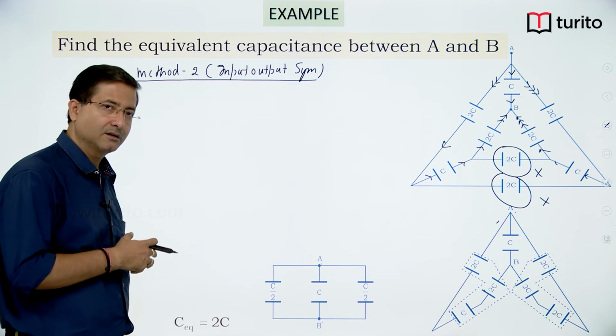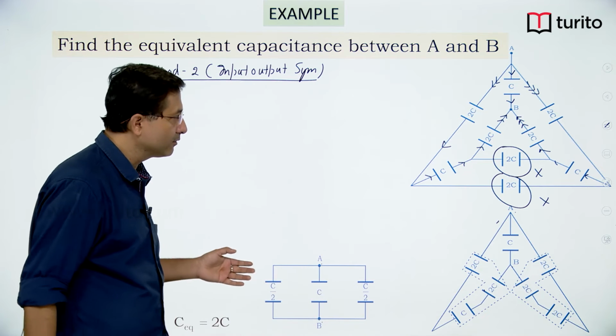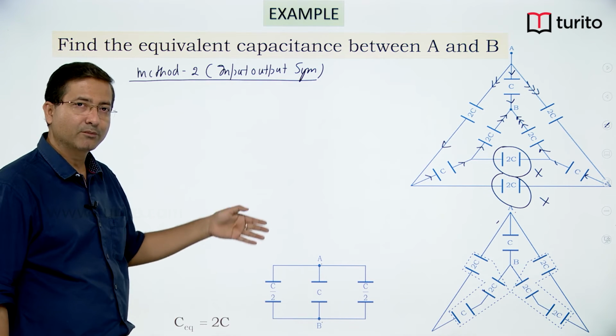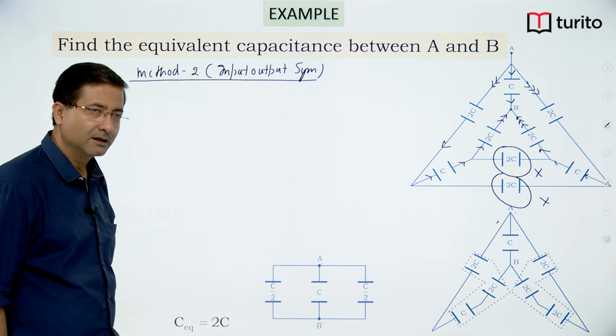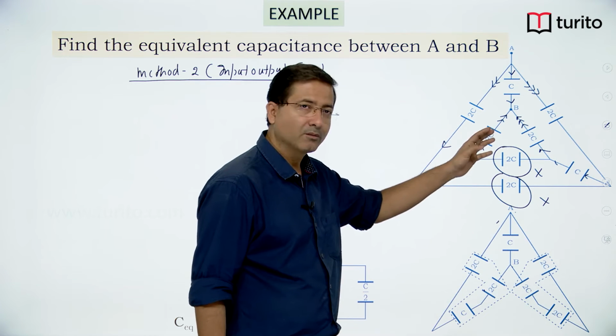So, we have discussed almost 3 problems, right, where I proved that no matter whatever procedure you follow, you are going to get the same answer, and this is the simplest method of solving the problem.